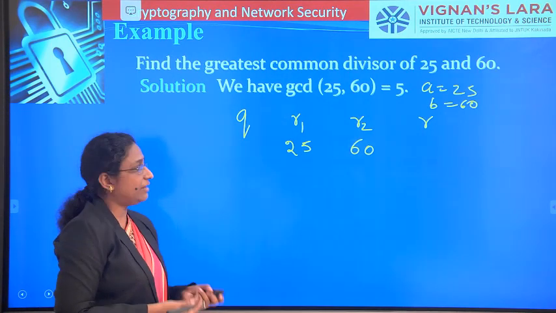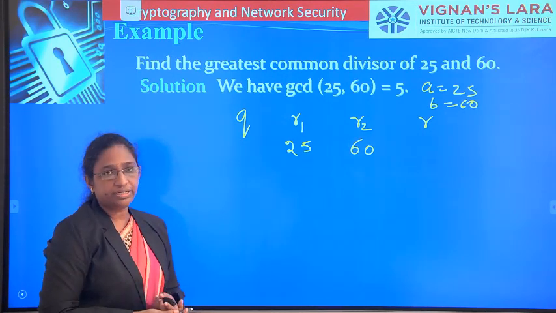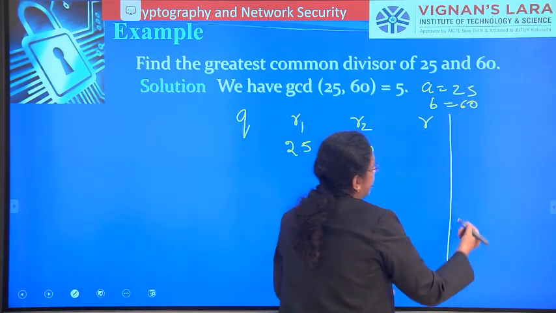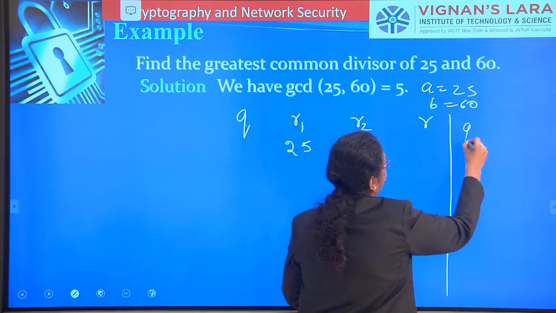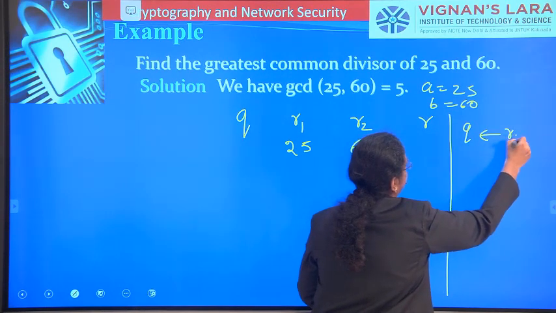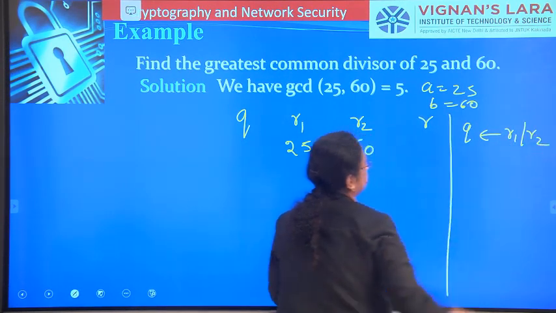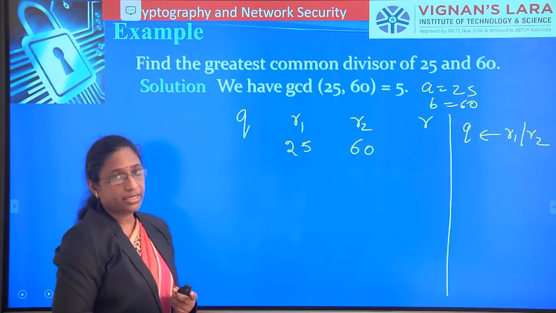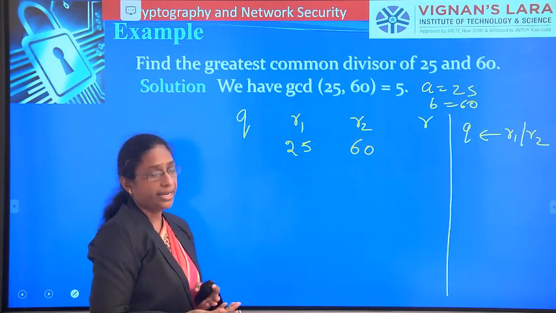Okay, so after that, according to your algorithm, the next step is to calculate the quotient by dividing R1 by R2. So Q equals R1 by R2.